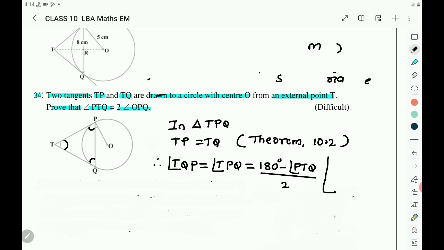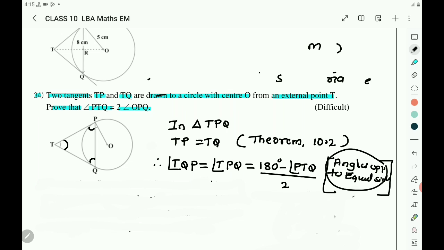Then you can use angles opposite to equal sides and the angle sum property. For these two angles being equal, what is the reason?